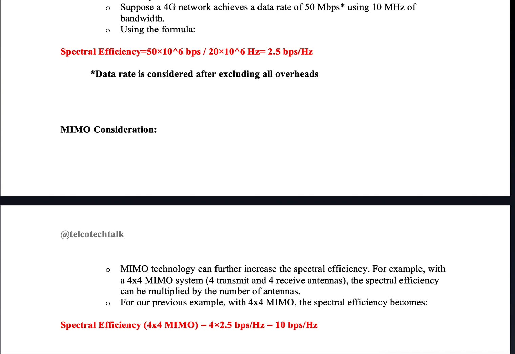This is just a theoretical concept. I'm not saying that it is foolproof, but if you understand the concept of SISO, single input single output, then multiple input multiple output, 2 cross 2 or 4 cross 4, can give you a very easy calculation.